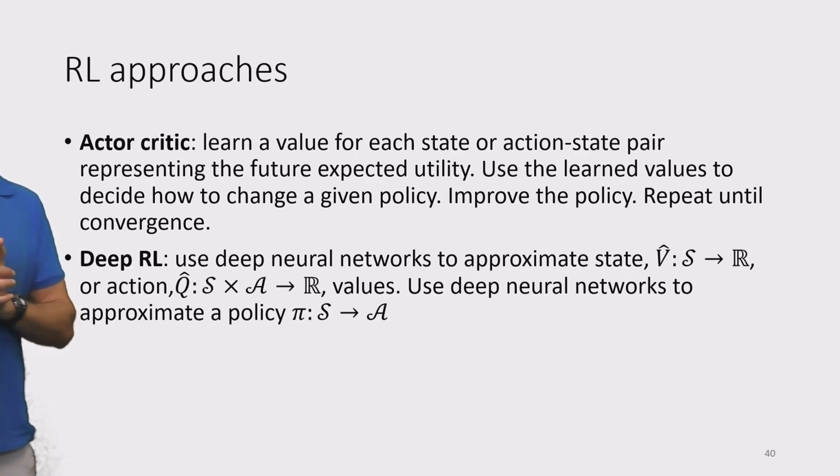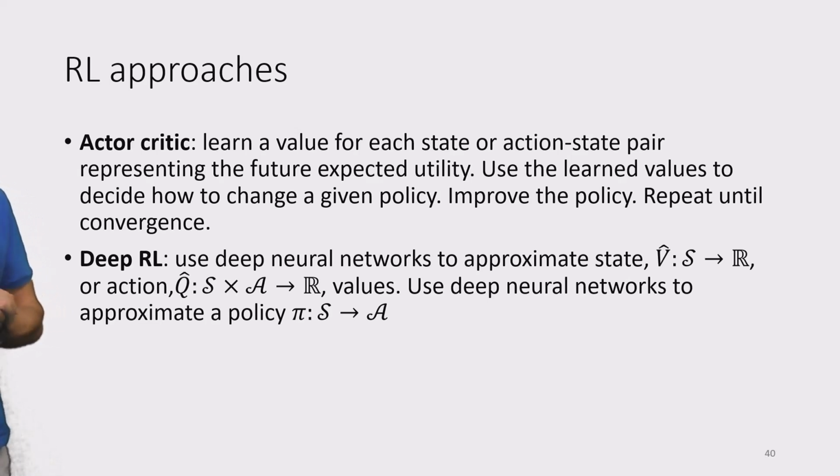And eventually we're going to discuss deep reinforcement learning, where we use deep neural networks to approximate either our value function, the state value, or the state-action pair value. For the state value we use the capital V to represent that function, which tries to learn the state value. If it's an approximation function, we use a hat over the V, right?